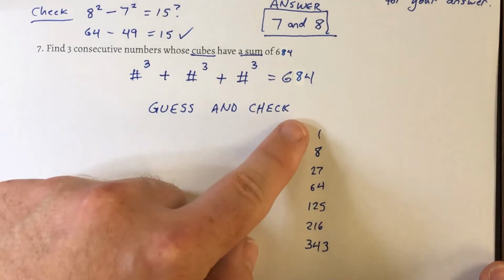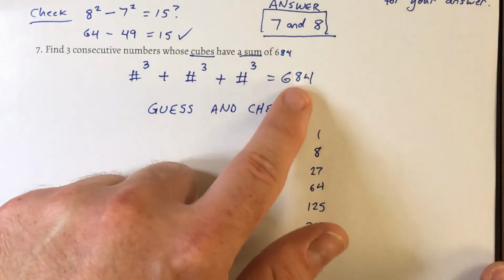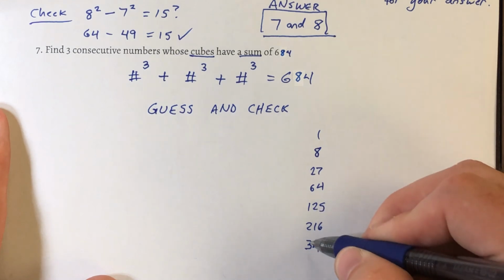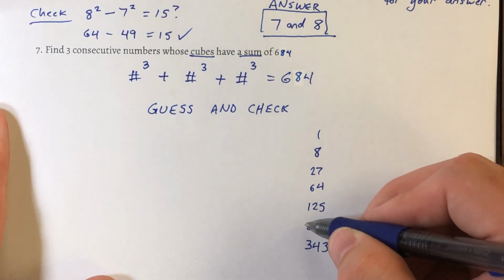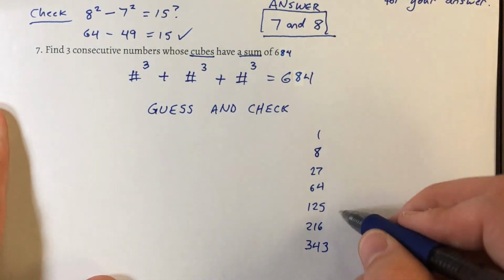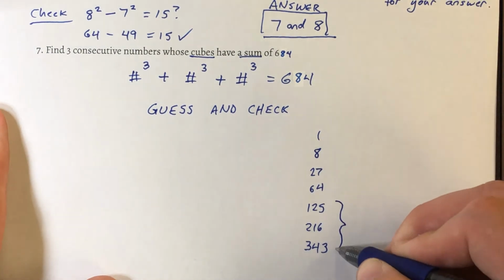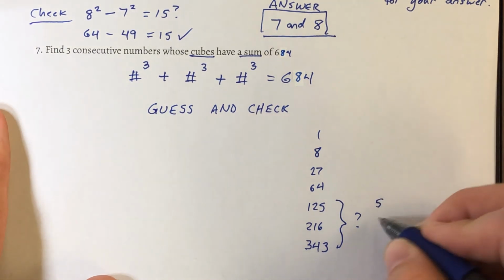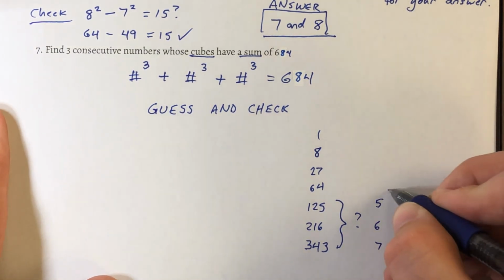And I want three of them that go in a row that will add up to 684. Well, if I look and estimate, I would say 300, 400, 500, 600. I'm pretty close to that number. So I'm thinking maybe these three numbers right here. Well, how do I get those? Well, that's technically 5, 6, and 7 cubed.